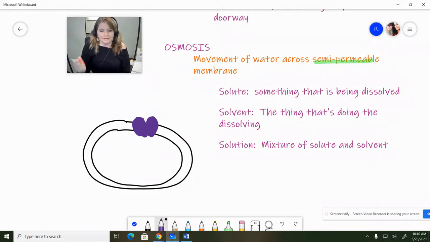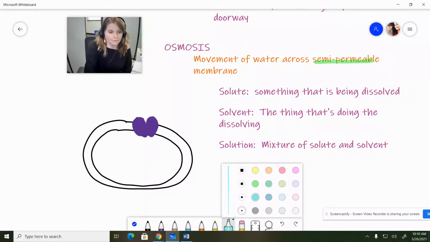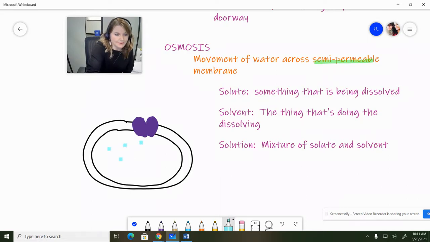So again, we're talking about water, right? Only water here. But you're also talking about a solute, so it's a little bit confusing, okay? But say you have a lower concentration of water molecules on the inside.